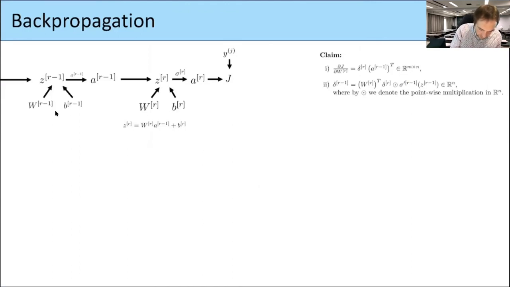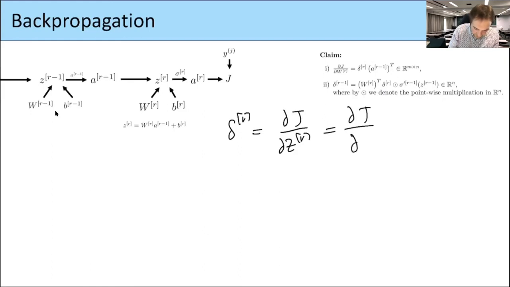So what is delta R? Well, delta R is the derivative of J with respect to ZR. Basically, it's the derivative of J with respect to AR, and then AR with respect to ZR.